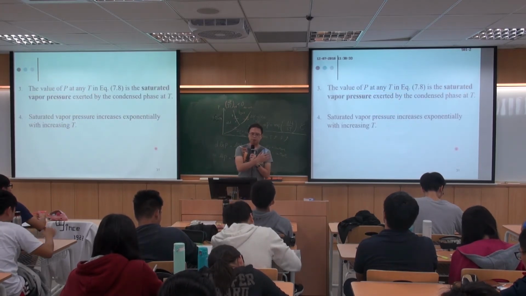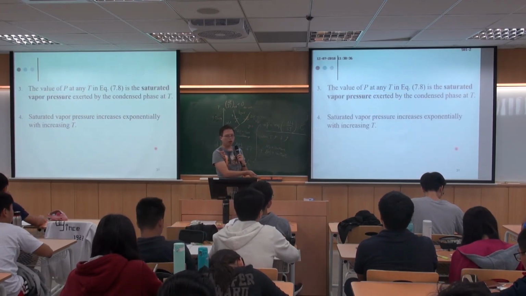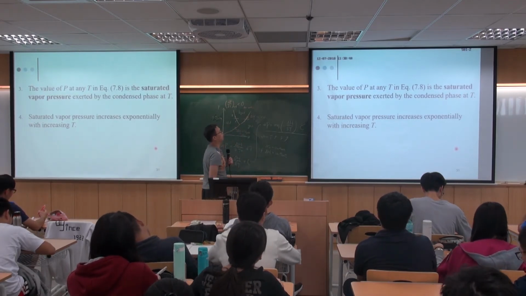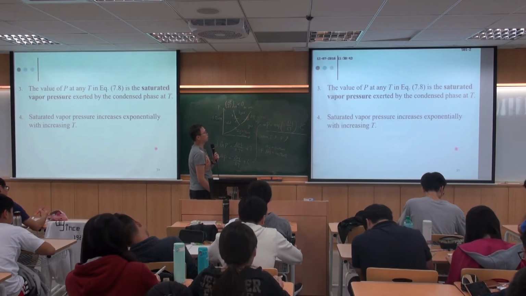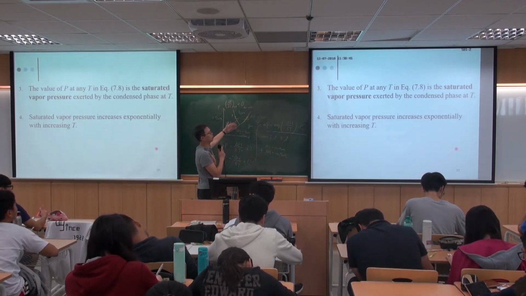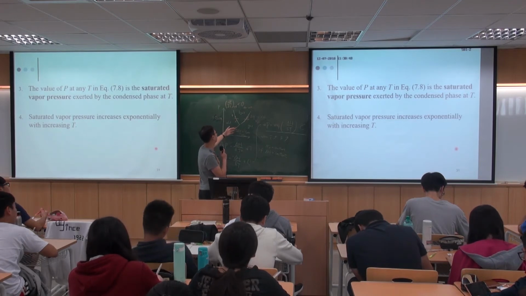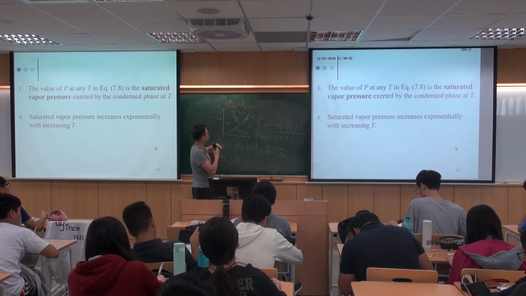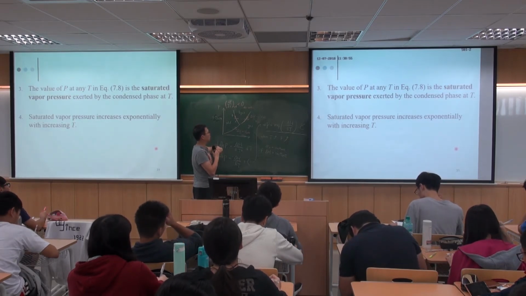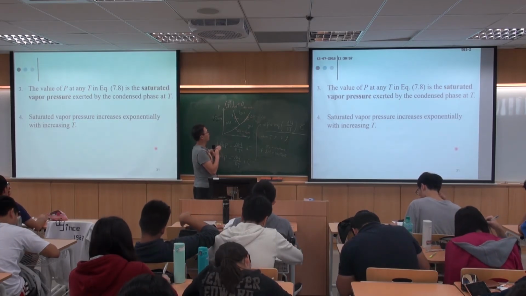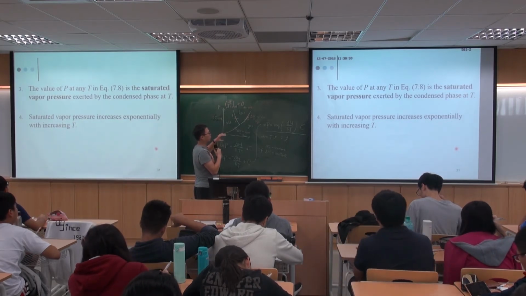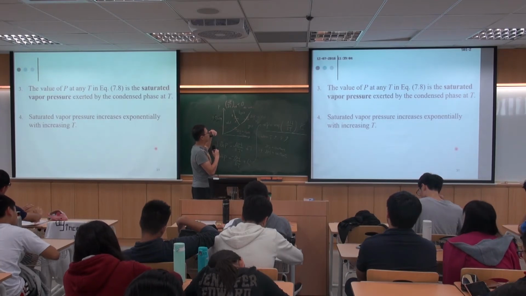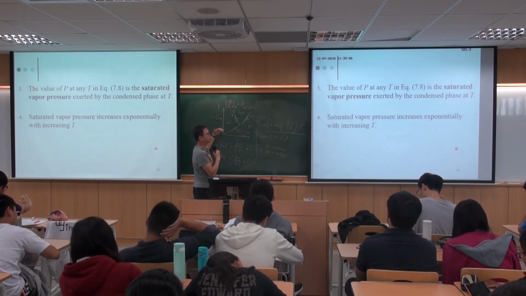And so the value of pressure at any temperature will be the saturated vapor pressure exerted by the condensed phase at that temperature. So this is essentially the definition of saturated vapor pressure, right? At some certain fixed condition, there is a certain pressure that exists in the vapor phase, and with that pressure, these two phases are in equilibrium with each other.